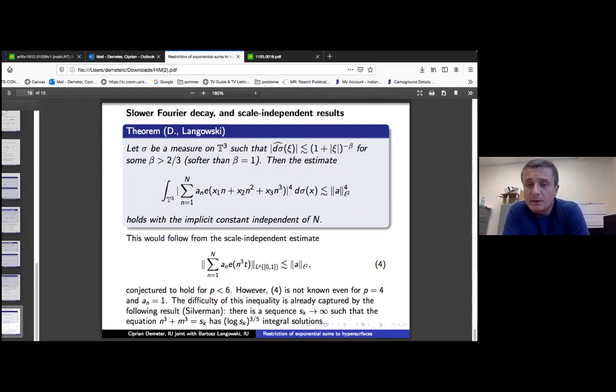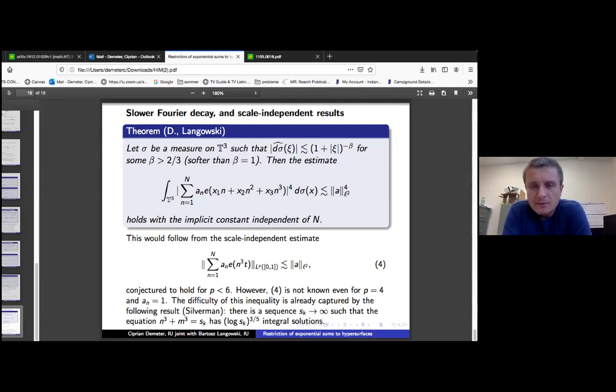Here's another example of something that's not known. It's not known even for p equals 4 that the cubes have a scale independent bound. And if you knew something just, I think, slightly better than 4 perhaps, then you could prove the result at the top. But why is this problem for 4 complicated?